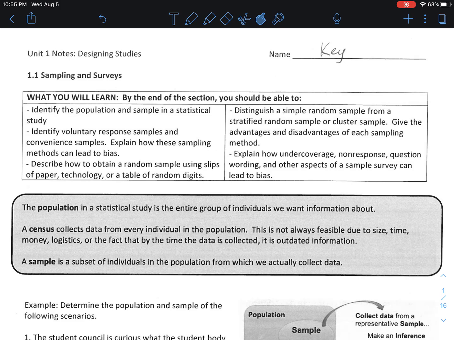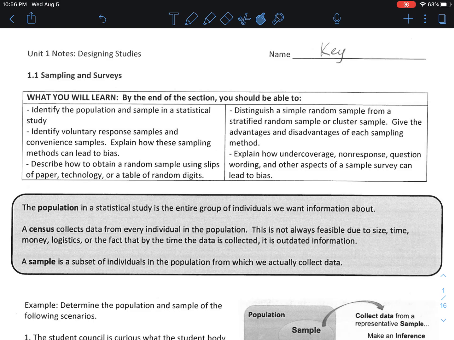It could be all professional athletes in X, Y, or Z sport. Anything. A population is the entire group of individuals we want information about, and statistics is going to help us get some information about that population.